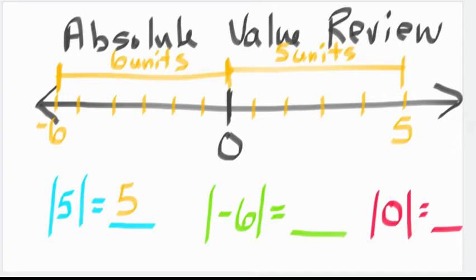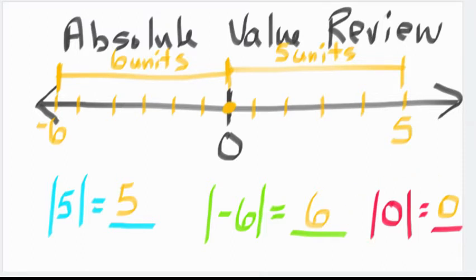It's always positive, or more accurately, non-negative, because if we ask ourselves, what's the absolute value of 0? How far away is 0 from 0? Well, 0 is right on 0, so it's a distance of 0 from itself. So absolute value always gives a non-negative result, or always positive for the most part, except for this special case of the absolute value of 0.